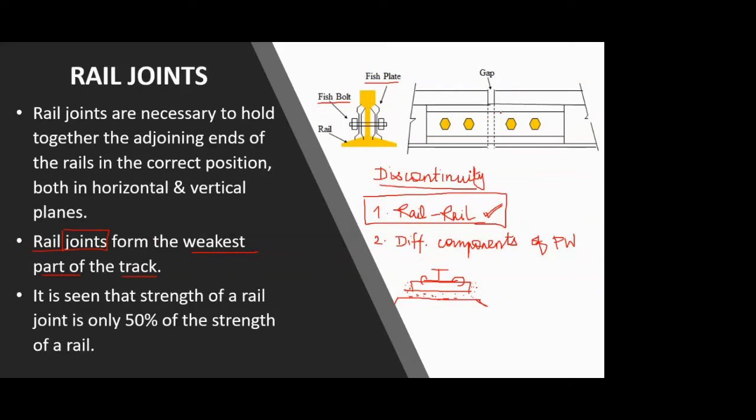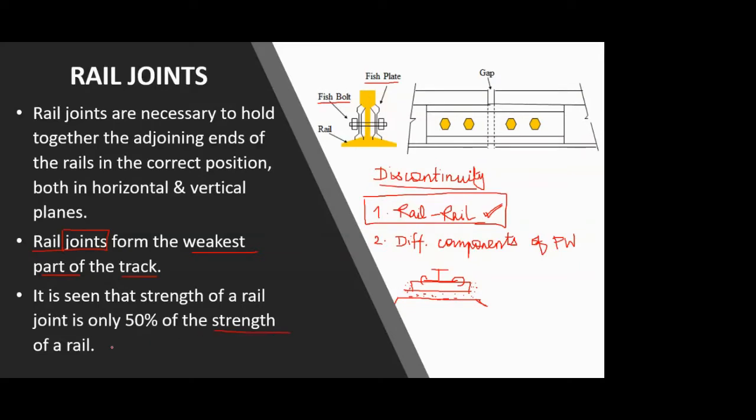Though we are not having any option, we have to give joints because we cannot have continuous thousands of kilometers of rail together. Though we are introducing discontinuity on purpose in our system, we make sure that these joints, though they are weak links, have as much strength as possible. From the strength aspect, the strength of the rail joint is only 50% of the strength of the rail.